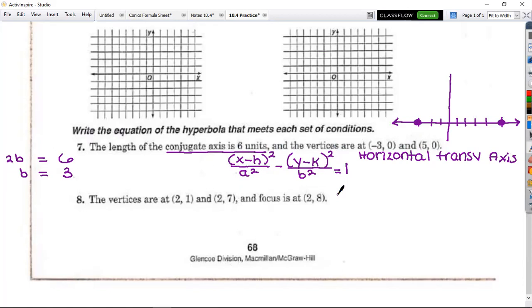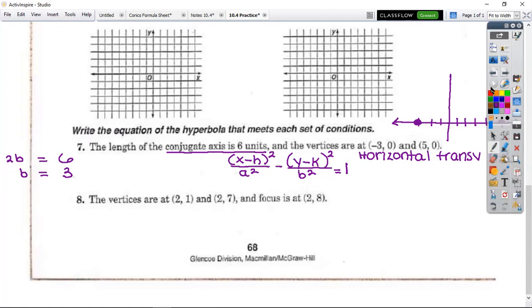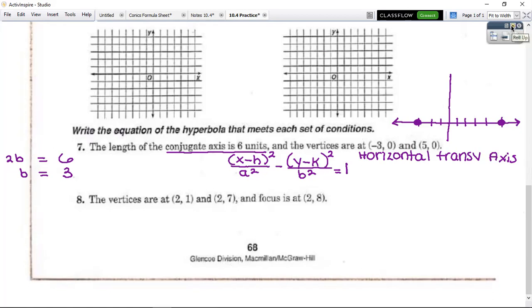To find the center, all you have to do is eyeball this, as long as your picture is nice and accurate. Bless you. You're sneezing your head off back there. We're going to move over this direction here. There's my center. So center is located at 1, 0. That can get plugged in right now if you want.